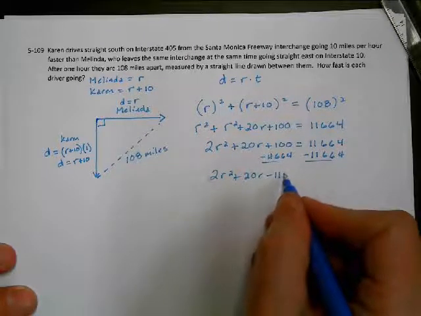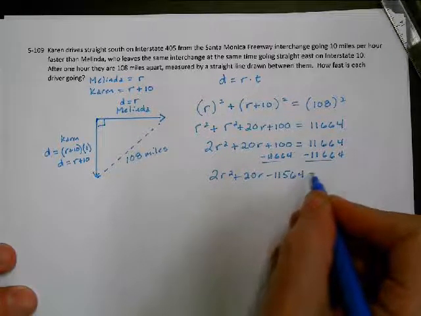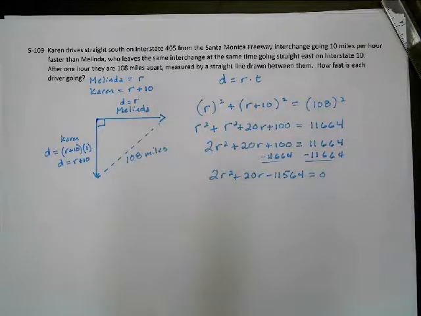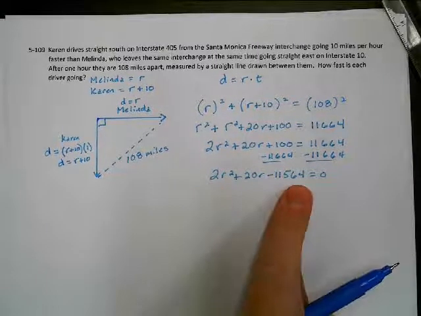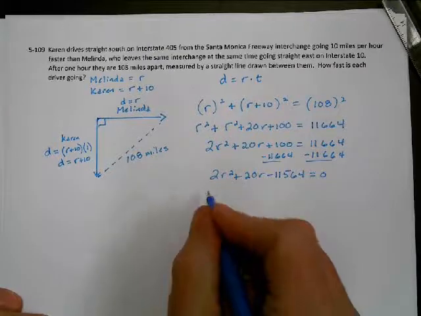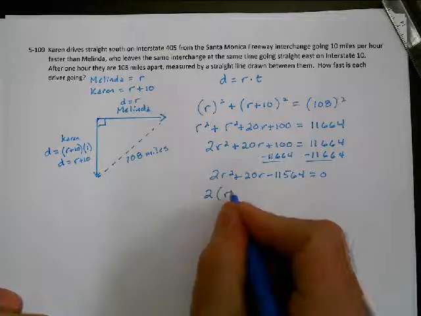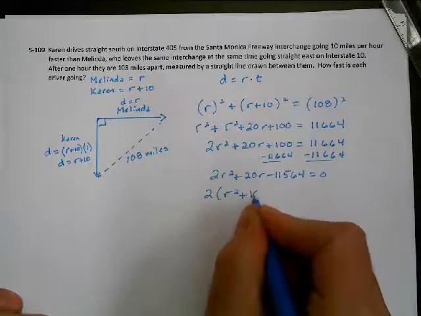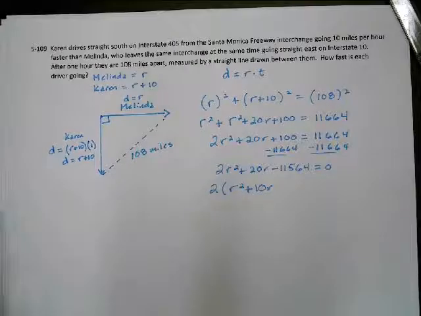They're all even. Let's factor out a 2. I get R squared plus 10R, it's 11564 divided by 2, 5782.